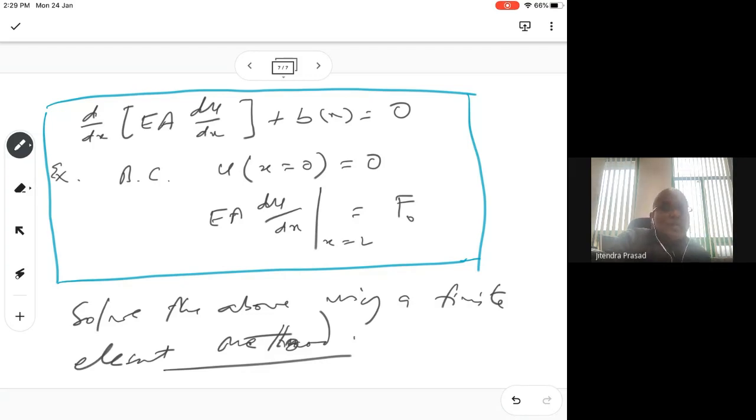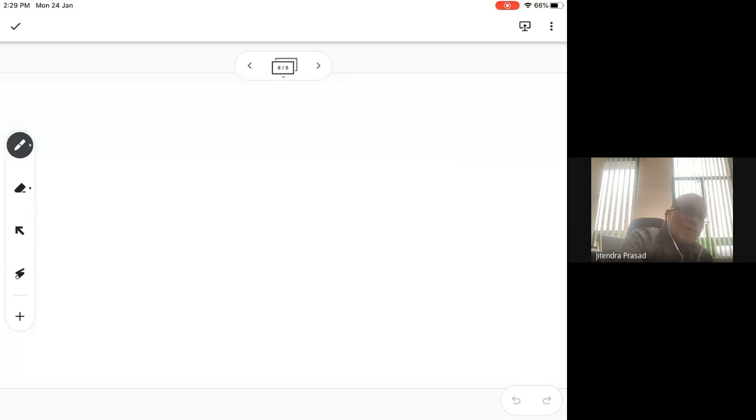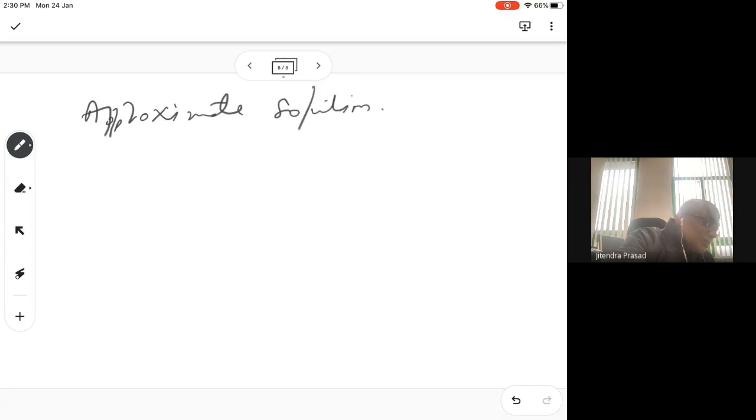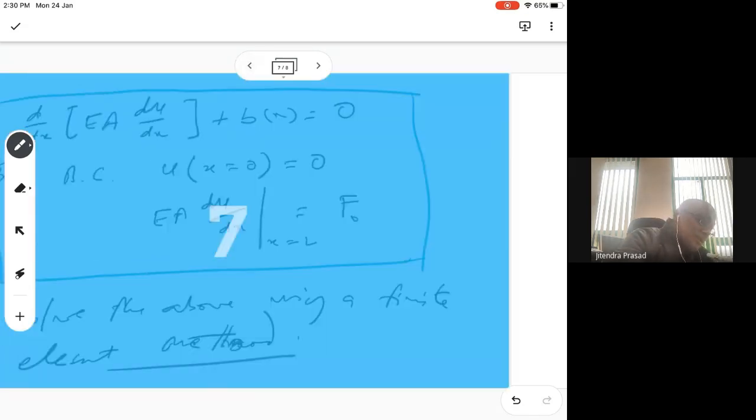Now, this is what you study in chapter 1. In chapter 2, you are going to study the approximate solutions. So the finite element solution is nothing but an approximate solution. And what is the meaning of approximate solution?